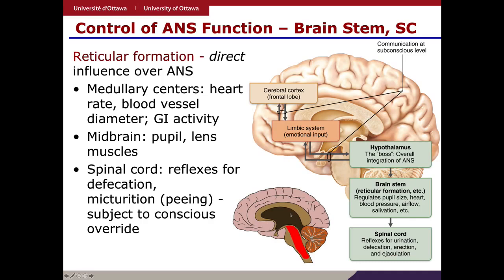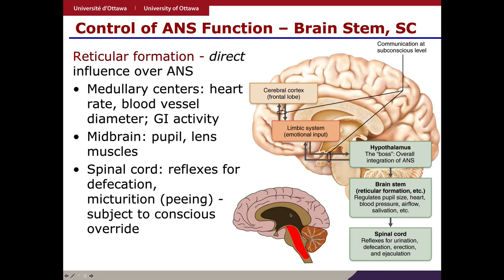Although the autonomic nervous system is not usually considered to be under voluntary control, there are 3 levels of control over the ANS by specific centers in the brainstem and spinal cord, the hypothalamus, and the cerebral cortex. At the bottom of this hierarchy is the spinal cord, which has reflexes for urination, defecation, erection, and ejaculation.